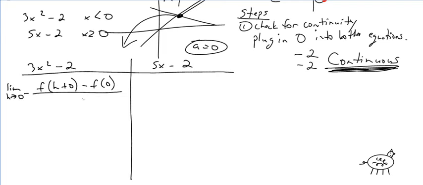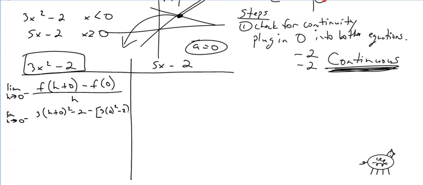Okay, this is just what we learned. And basically what I want to do is plug that into my function here, that 3x squared minus 2. So it's going to be the limit, and again, don't forget to keep writing limit as h approaches 0 from the negative side, of 3 times h plus 0 squared minus 2 minus, in parentheses, 3 times 0 squared minus 2, all over h.